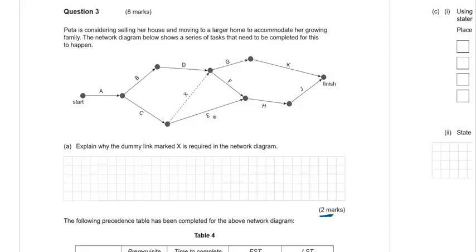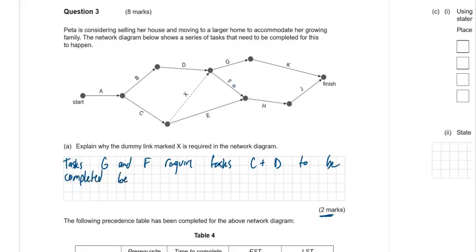So I guess the first thing, let's talk about tasks G and F. So tasks G and F require tasks C and D to be completed before they can start.